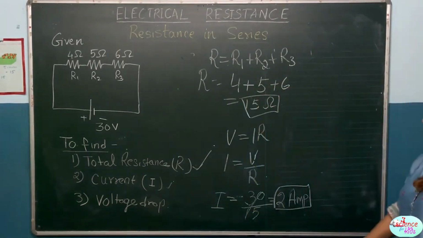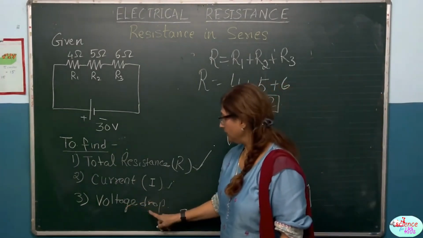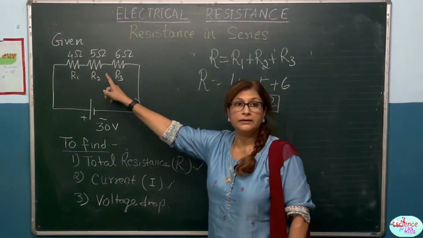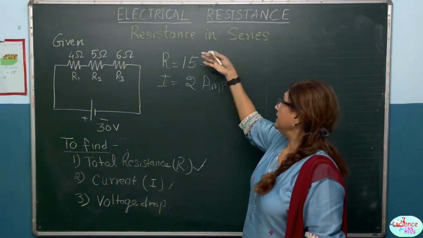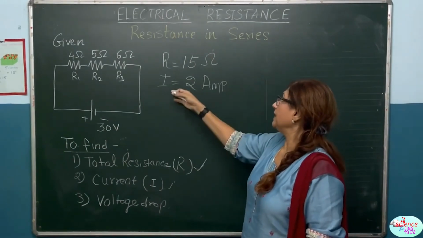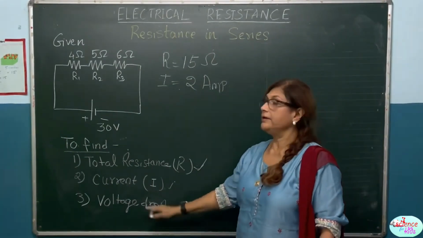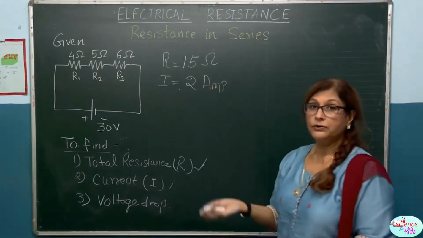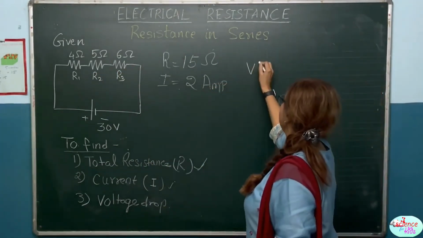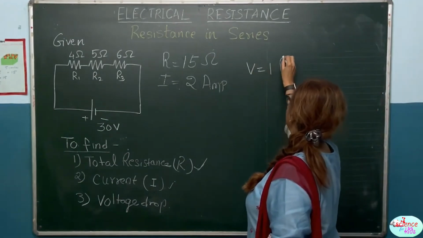And now the third one we need to find out is the voltage drop across the three resistors. Now that we know R is equal to 15 ohms and I is equal to 2 amperes, we need to find the voltage drop in all three resistors. So how do we do it? V is equal to IR.